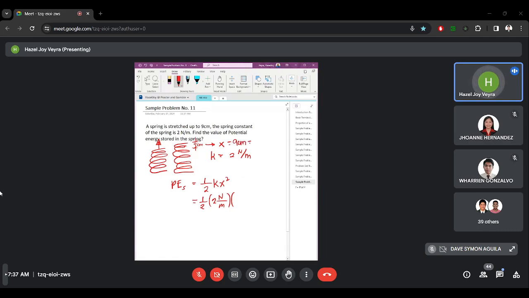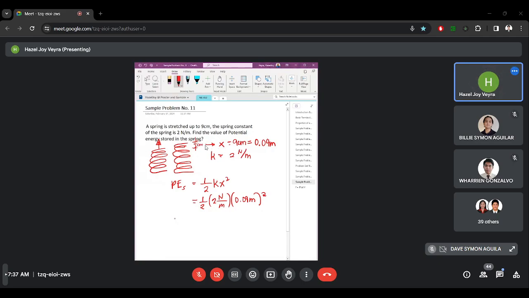But in meters, what's the value in meters? 0.09 po. Correct. So 0.09 meters squared.